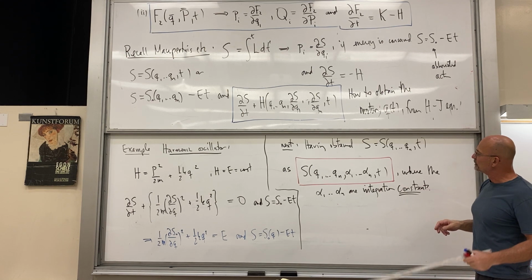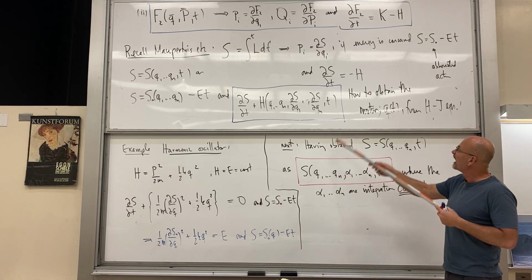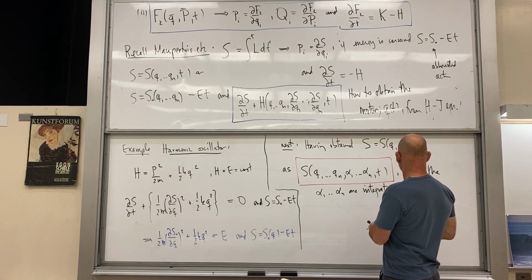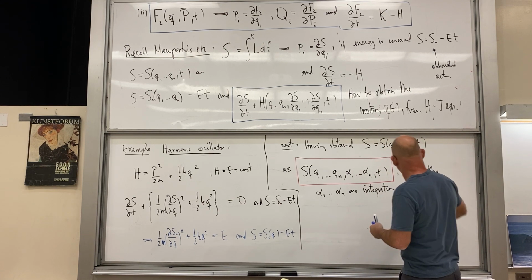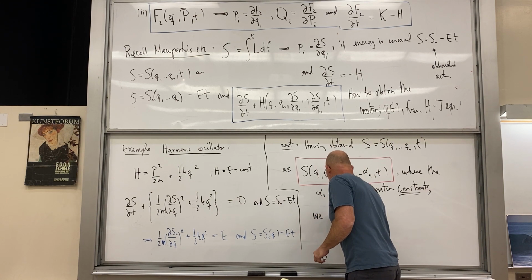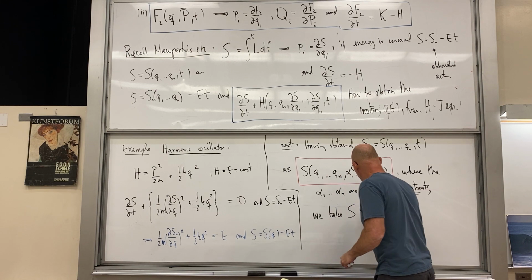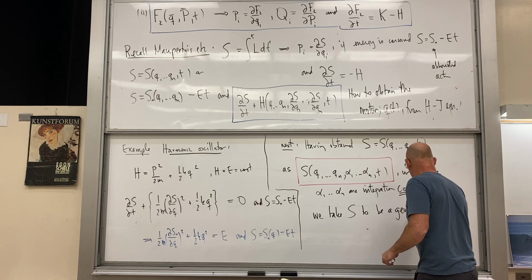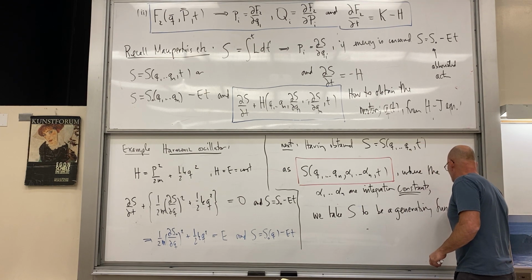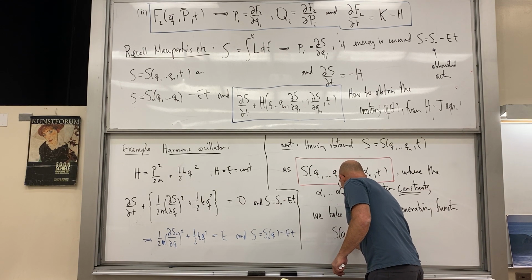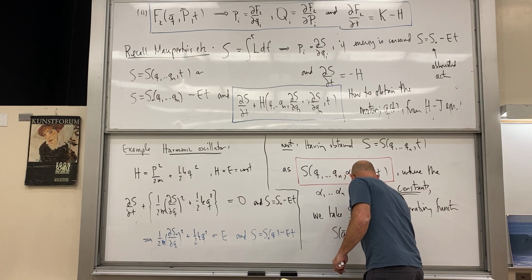And now what we do is we interpret this as a generating function. So having obtained that, we take S to be a generating function. S of q, alpha, and t.